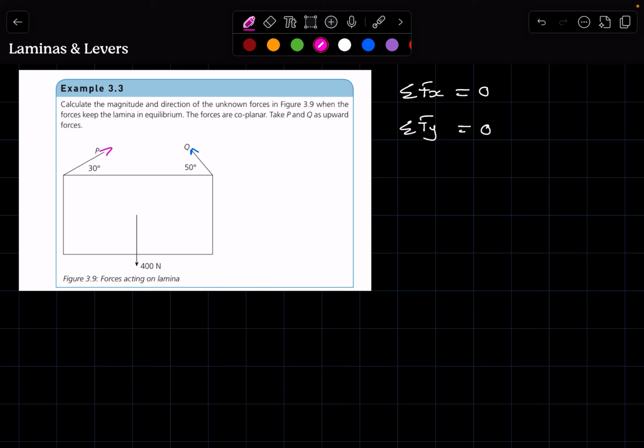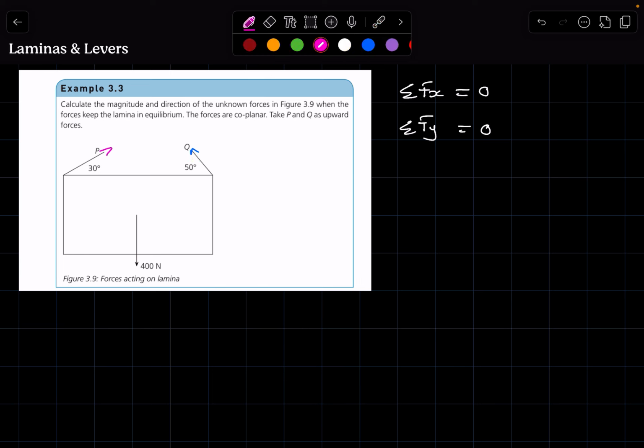Hence we take them as oblique forces, meaning that they're acting at an angle with the axis. Force P is acting at an angle of 30 degrees from the x-axis, and Q is acting at an angle of 50 degrees from the x-axis.